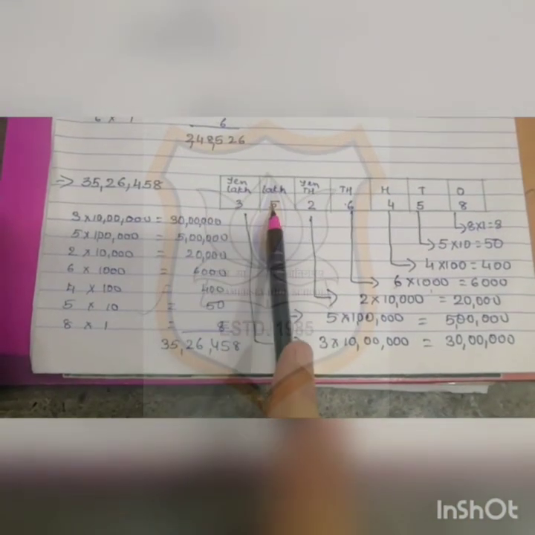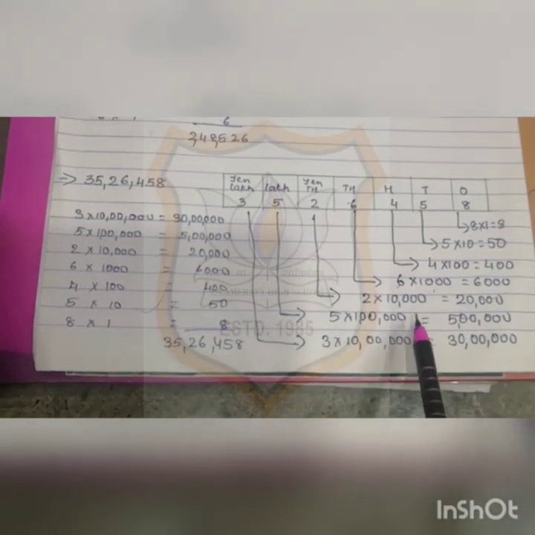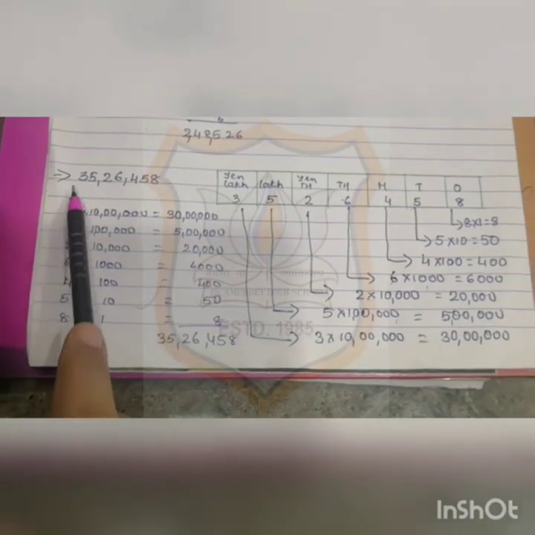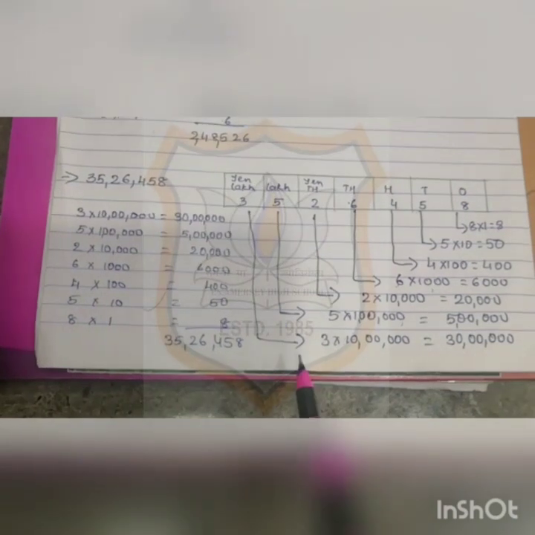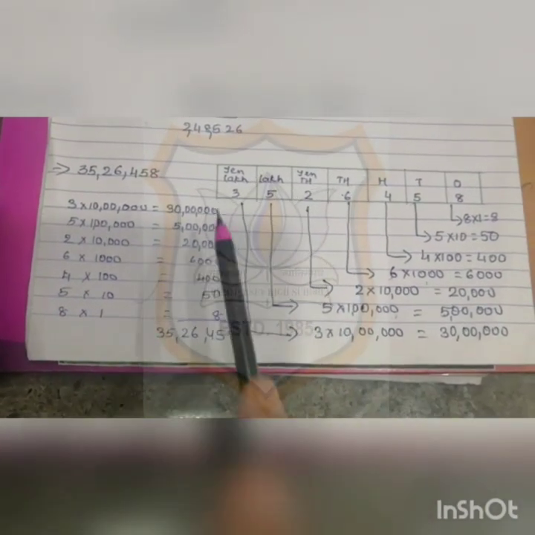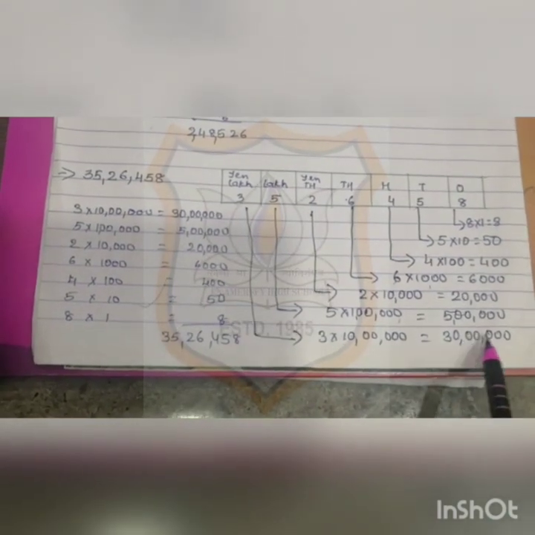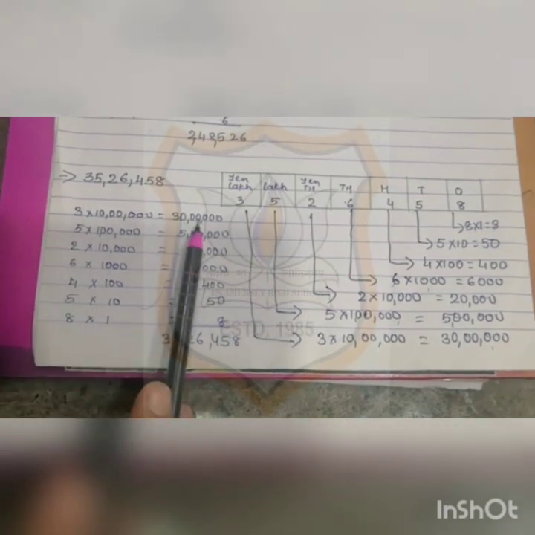5 is written in lakhs position. So 5 is multiplied by lakh. So the place value of 5 is 5 lakh. Last, 3 is placed in 10 lakhs position. So 3 is multiplied by 10 lakh. So the place value of 3 is 30 lakh. So now you can see the place value of 3 is 30 lakh.